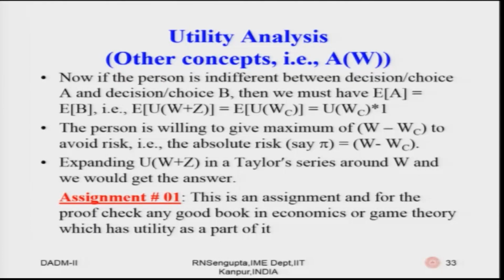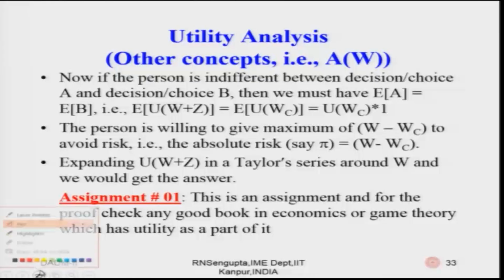If the person is indifferent between the choice of A and the choice of B, then the expected value for A, which is on table 1, and the expected value of B, which is on table 2, or case 1 and case 2, would be equal.